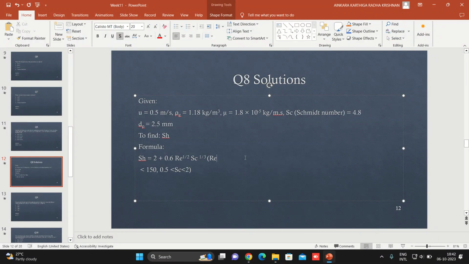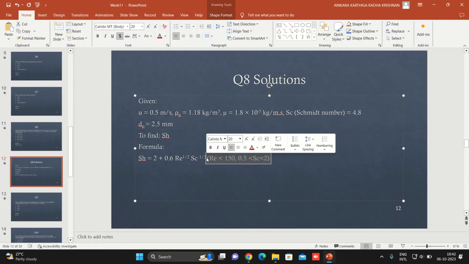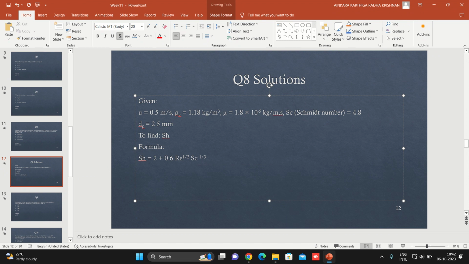This is the criteria. Schmidt number here is 4.8. I think we can leave out this criteria, because the criteria seems wrong somewhere, as this is the formula to be used. For that, first we need to find the Reynolds number of the particle.